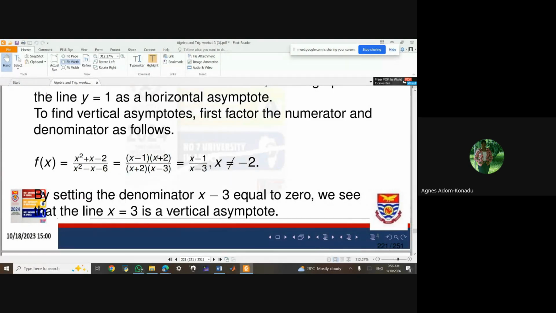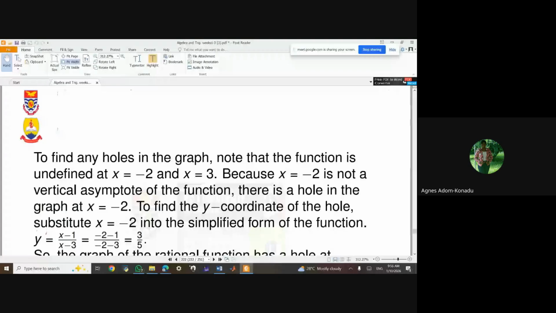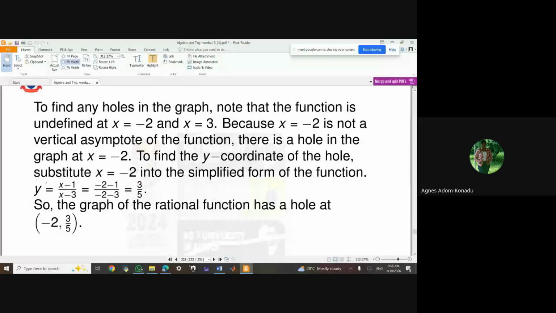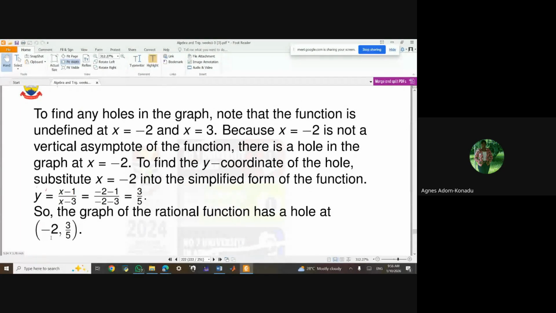If there is a factor that is in both the numerator and the denominator, that cannot be your vertical asymptote. So you cancel that one out, and then you choose. Here the vertical asymptote is the line x equal to 3, sorry. So we are saying that the graph will have a hole at x equal to minus 2.